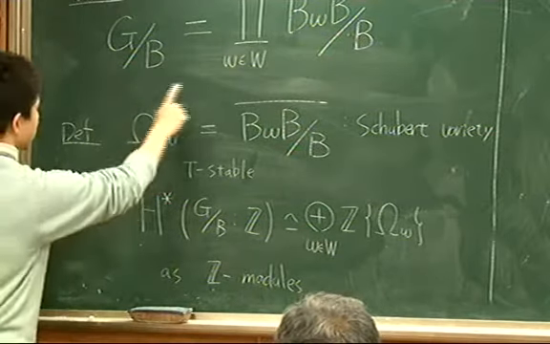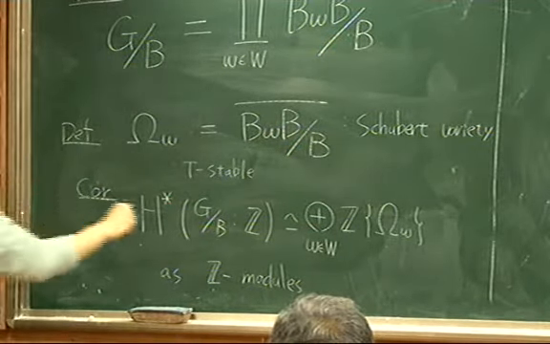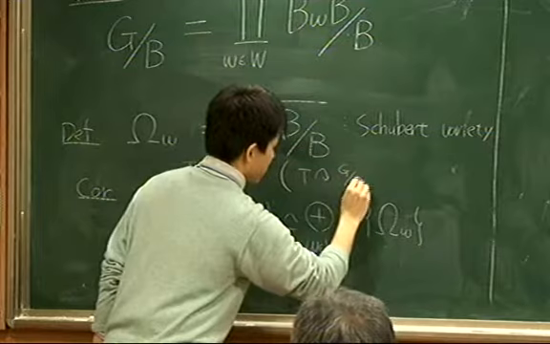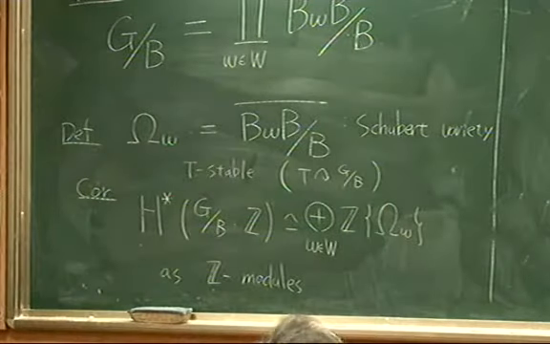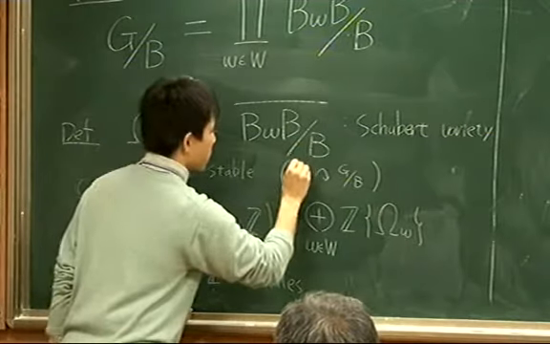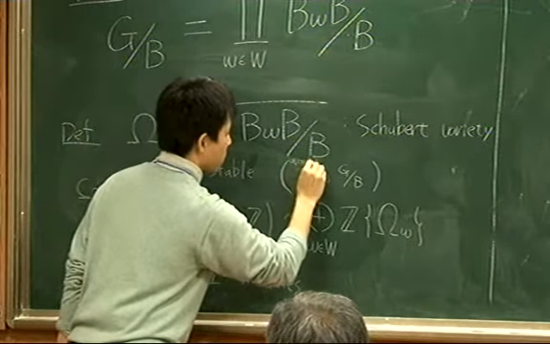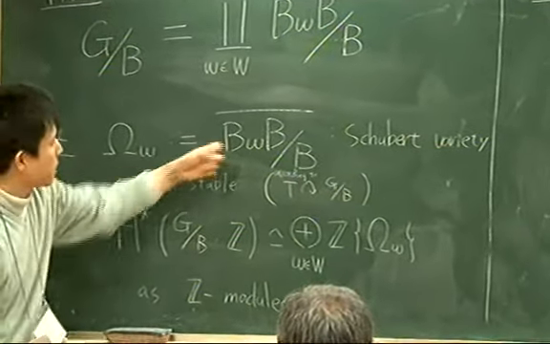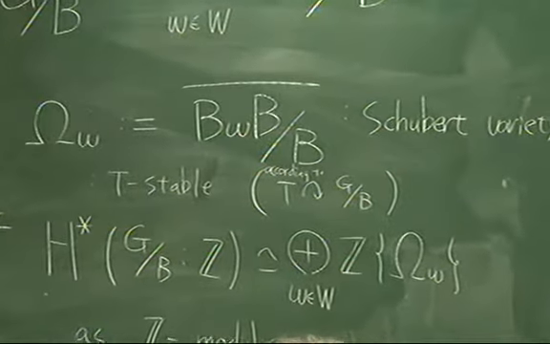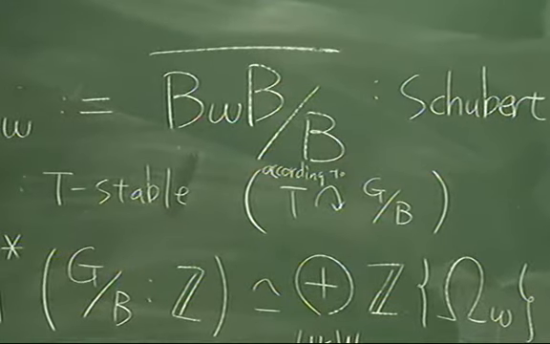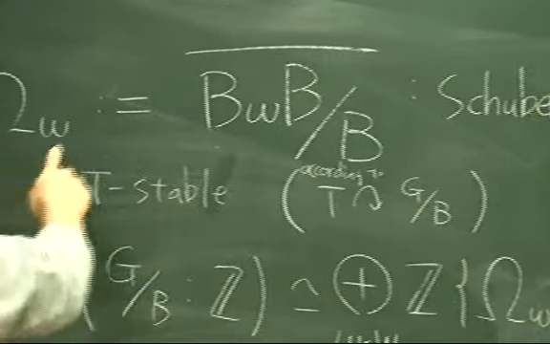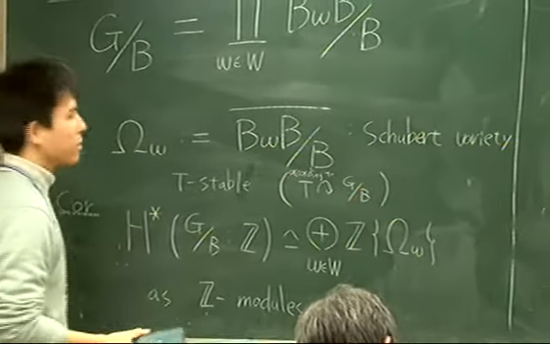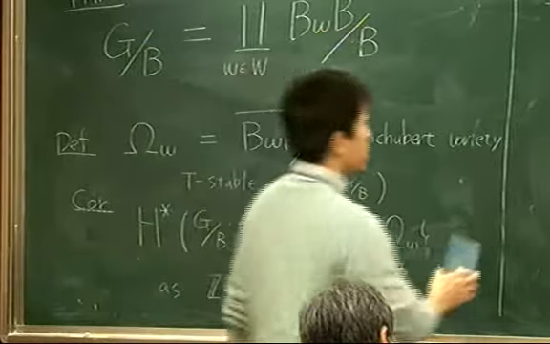Since this variety is T stable by the action of the maximal torus from the left, because B includes T, this also gives an element of equivariant cohomology.